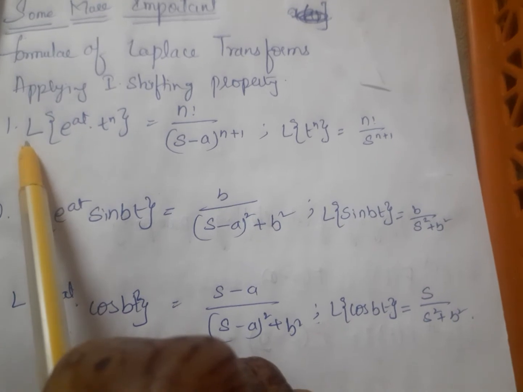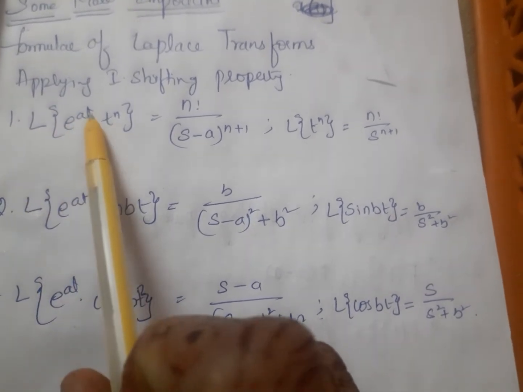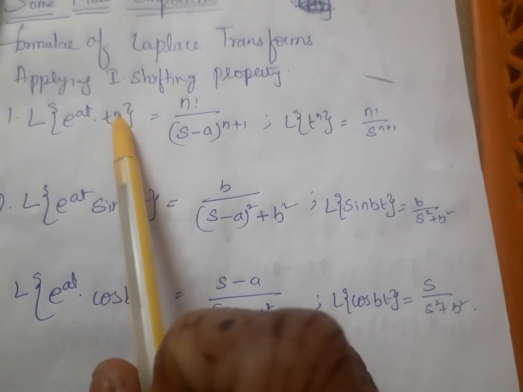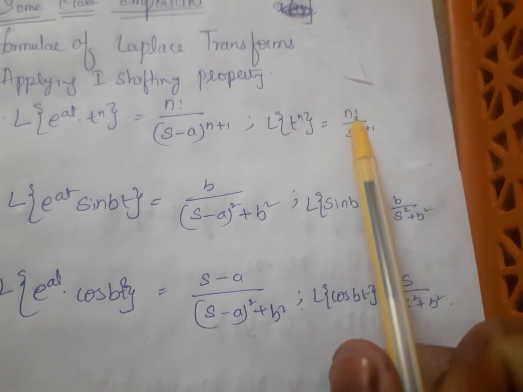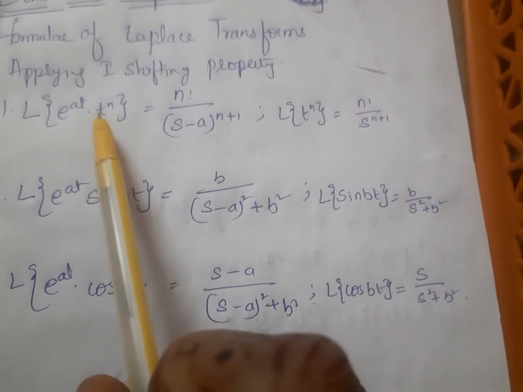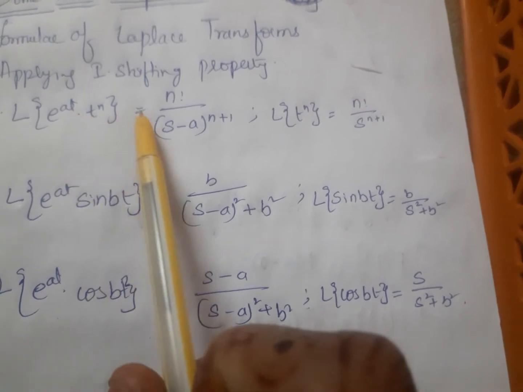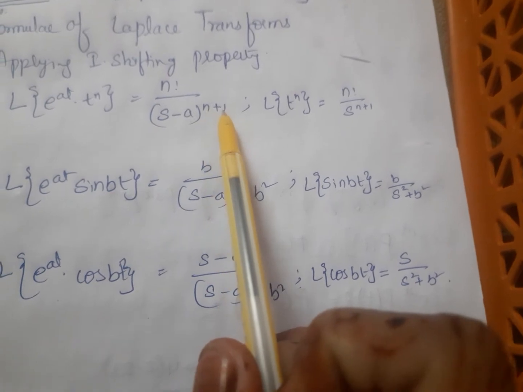The first formula I am explaining here is L of e power at into t power n. Our previous formula is L of t power n is equal to n factorial by s power n plus 1. Now I am applying e power at with t power n, so what I will get is n factorial by s minus a power n plus 1.